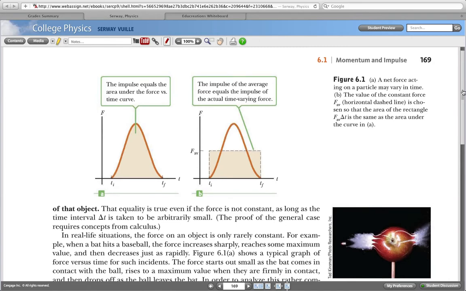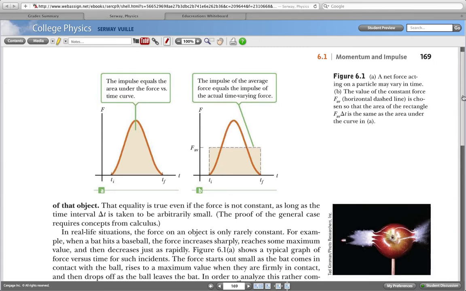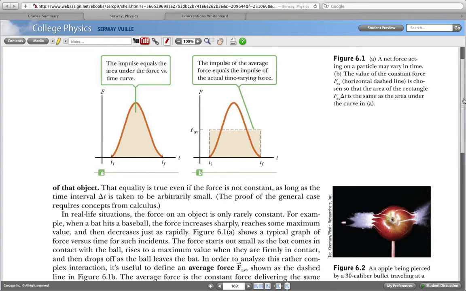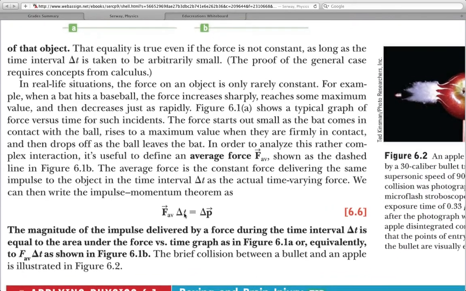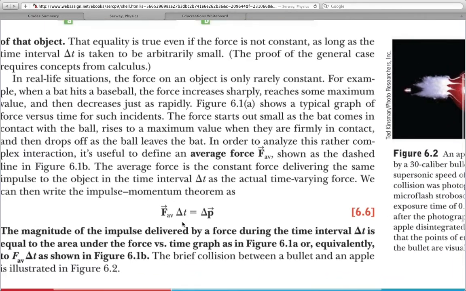Now, impulse. What is impulse? Well, the impulse is actually defined as a force over a change in time, or if you rearrange this equation here, let's see, is that correct?